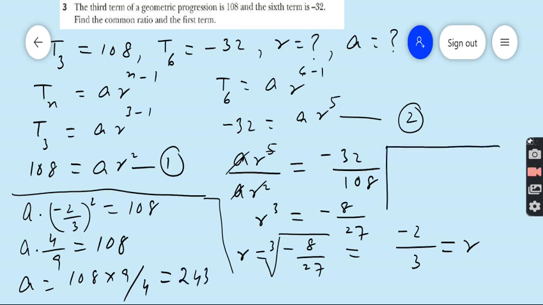Hence our final answer is A is 243 and R is minus 2 upon 3.